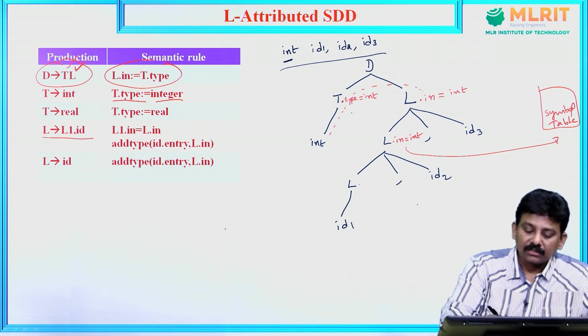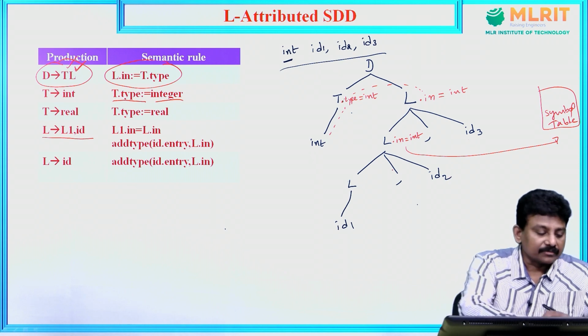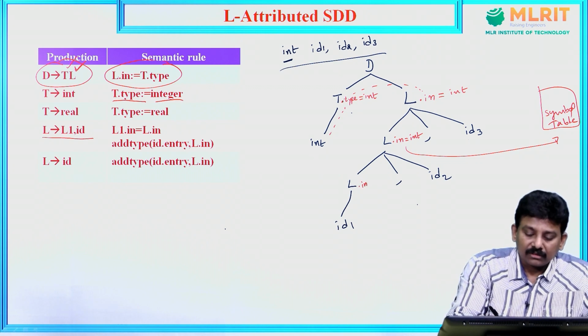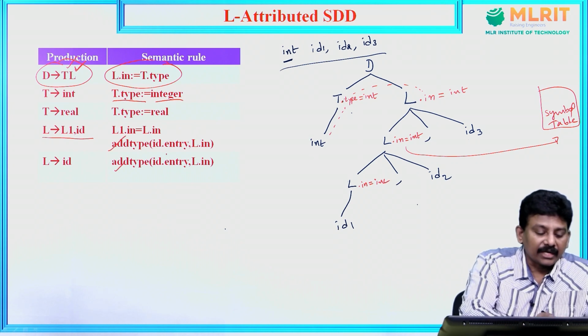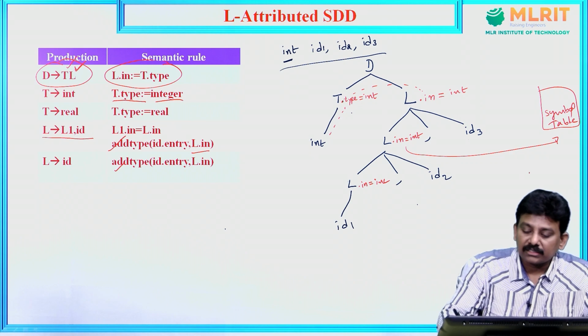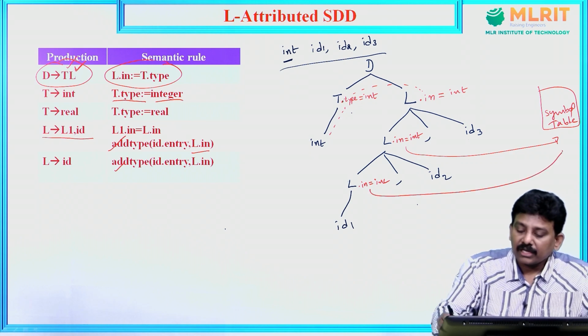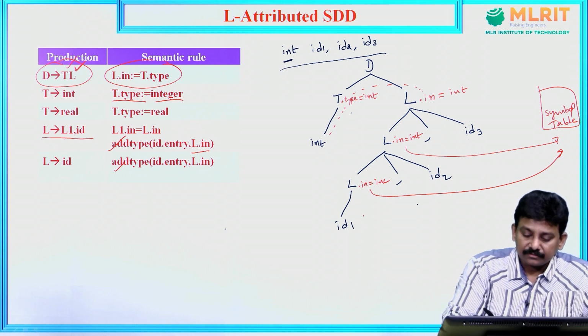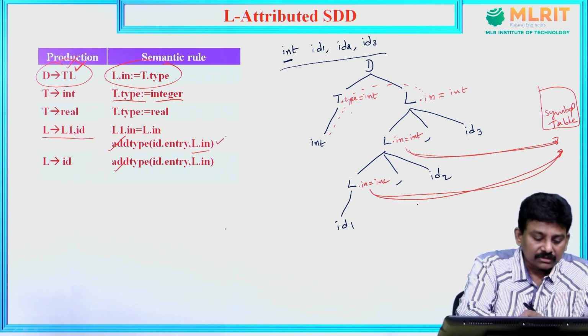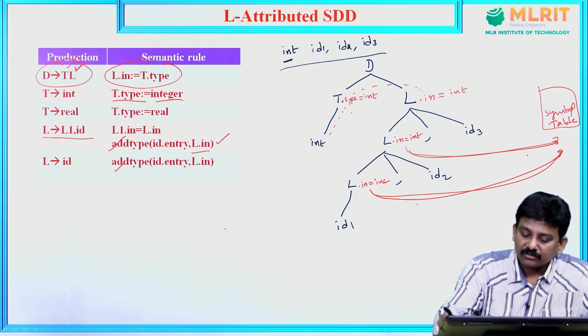Next, L derives L comma ID, same. First L1.in is L.in, and the parent is integer. So the action is addtype(ID.entry, L.in). Same way, we can add the type of the identifier in the symbol table.